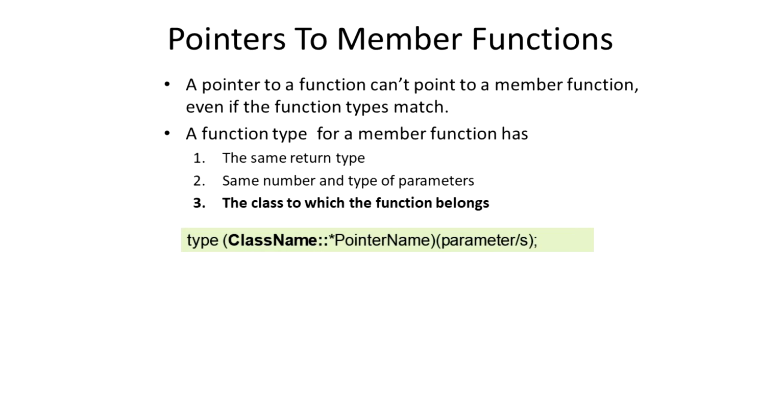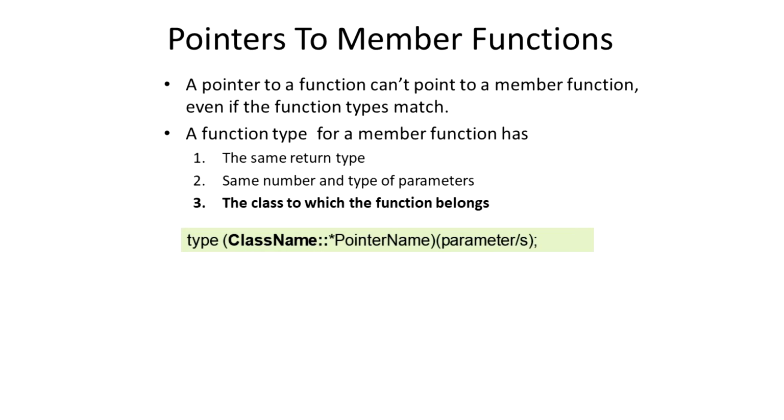And the syntax that we've been using thus far works for pointing towards functions outside of classes, but it won't work for pointing to functions that are declared within a class, even if the function signature corresponds exactly to the type of pointer that we set up with the corresponding return type and parameter list. So the thing that we need to add is the class scope where that function is defined.